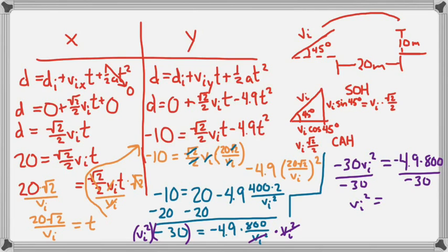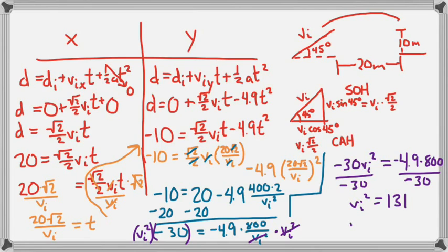Now I got to do some number crunching. Looks like it's going to be something around 133, but I could be wrong. So 4.9 times 800 divided by 30. 130.6 repeating. All right, so 131 actually. So that's 131.